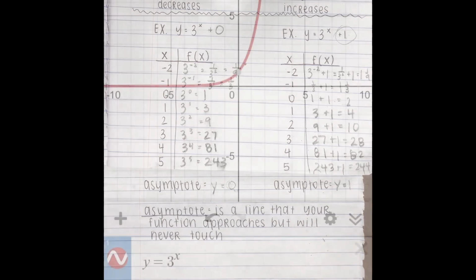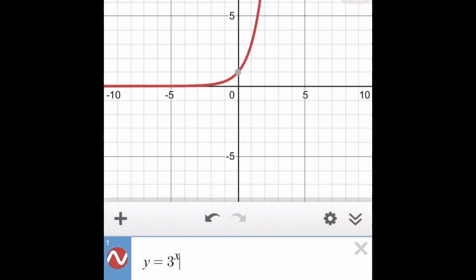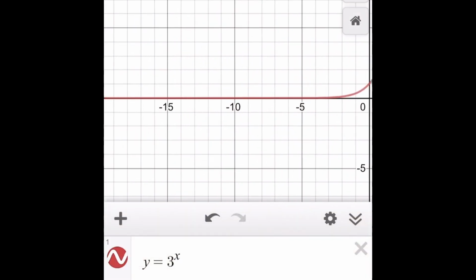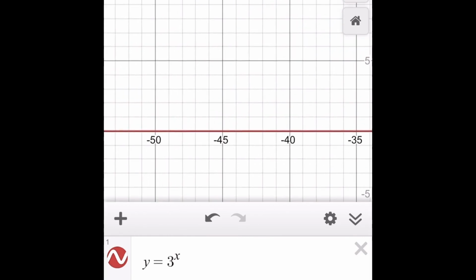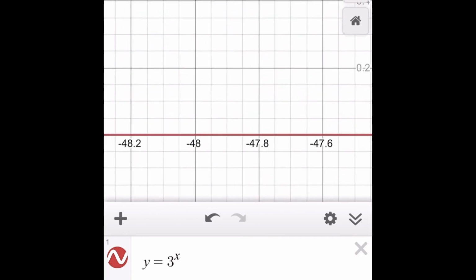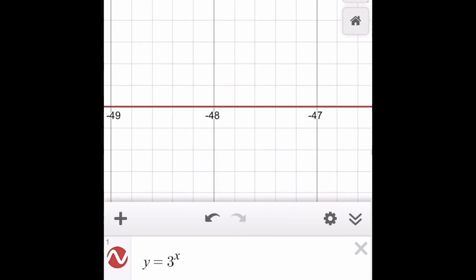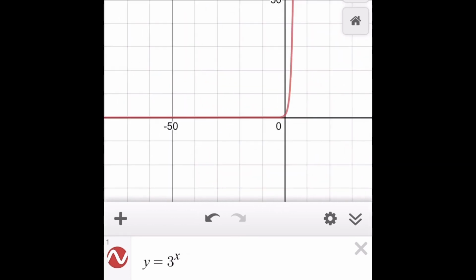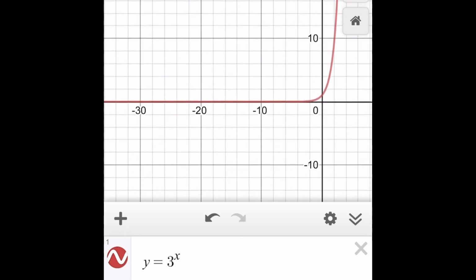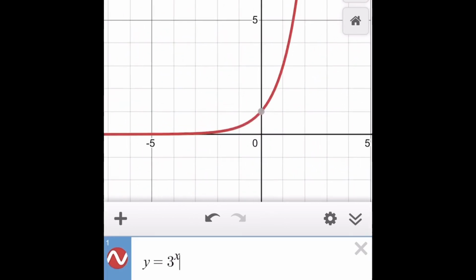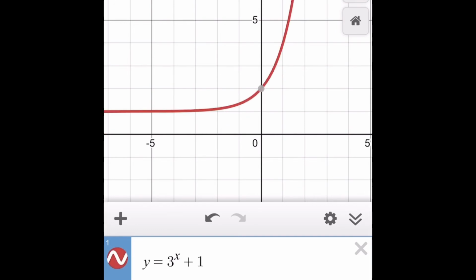Okay? All right, so here's our graph for our first function. You can see how it just keeps getting closer and closer to 0. But if you zoom really far in, you would see that it never actually touches 0 and it never drops below into the negatives, okay? And then if we went and added a 1 here, our graph just shifted up 1, right?